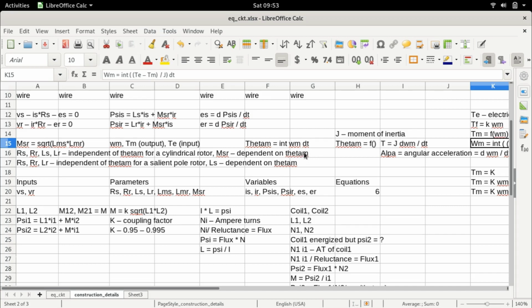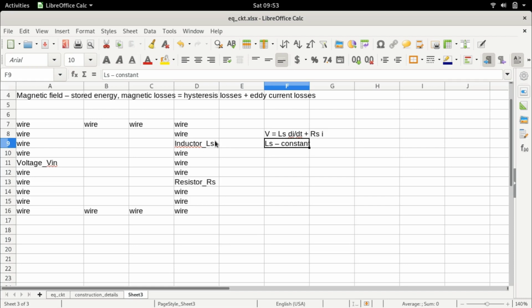Now, for now, we are not talking about self and mutual inductances. We are just representing the entire motor as an inductance. So therefore, really speaking, in this simplified equation, we are bringing in both types of inductance, right? So let us for now assume that this self-inductance here is not just a self-inductance.